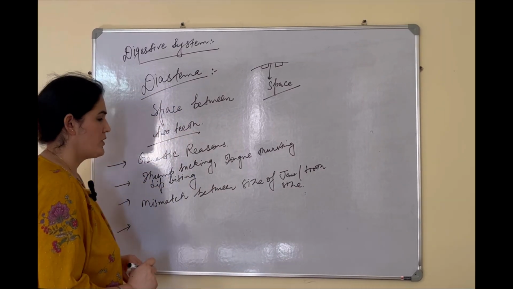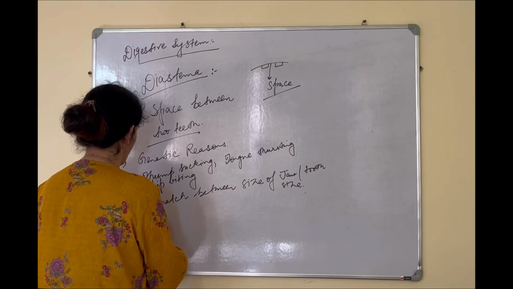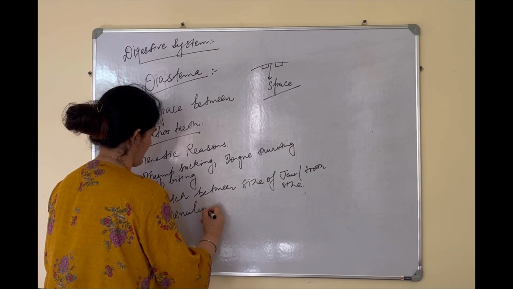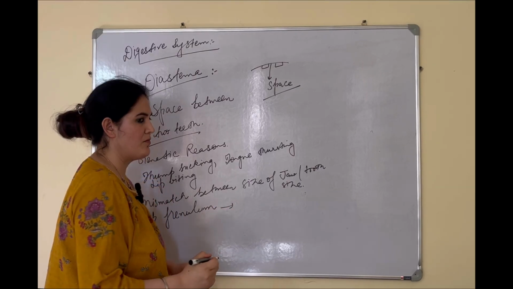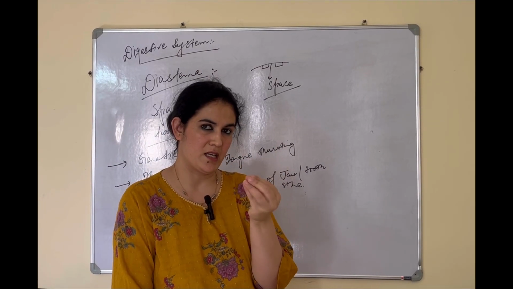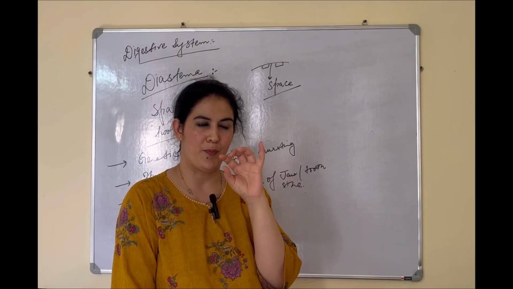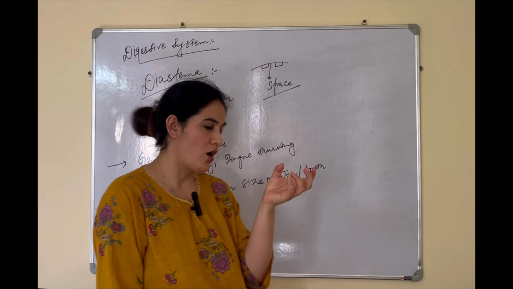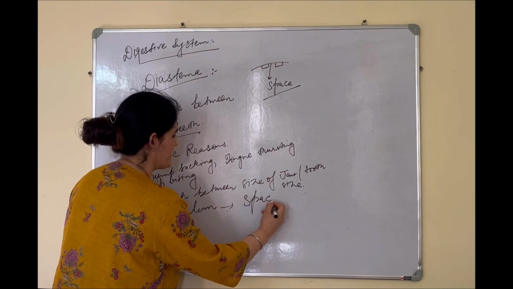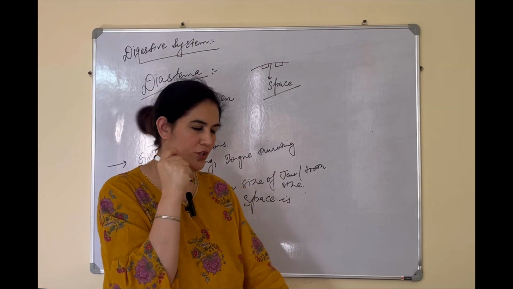And there is one more reason, that is the lip frenulum. The lip frenulum is basically the tissue by which the upper lip is joined to the upper jaw. In that, a space is created, in the tissue which joins the upper lip with the jaw.